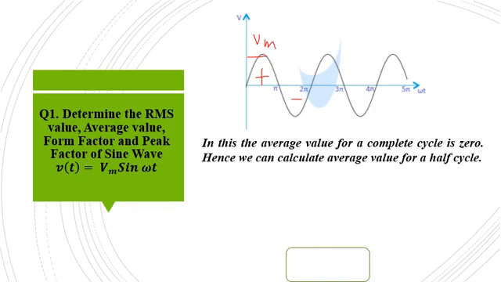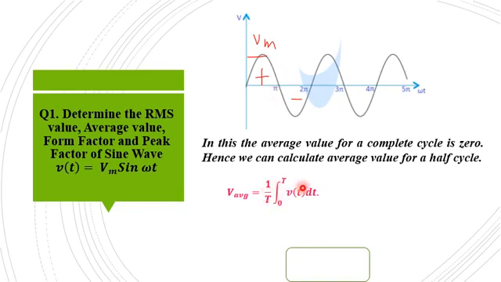Hence, we calculate the average value for a half cycle. We know that average value is equal to 1 by T integral 0 to T v of t dt. Since we are only calculating the average value for a half cycle, here the time interval T will be equal to pi.